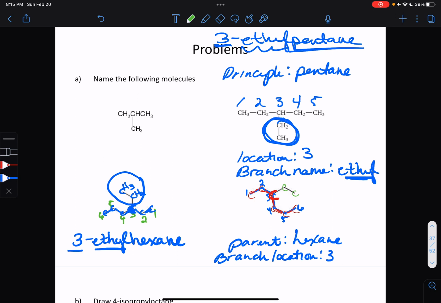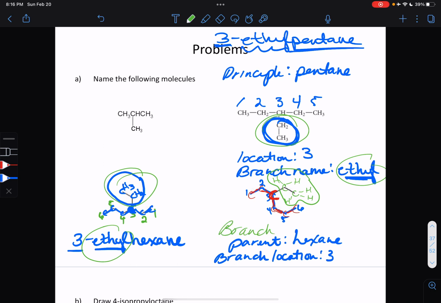And if you don't know that a 2-carbon branch is called an ethyl, it might help you if you want to draw in all the hydrogens. So you can see that what you have is CH2CH3 in this branch, which we've done a number of times now. Here it is, and here it is, and that is called what? That is called ethyl.